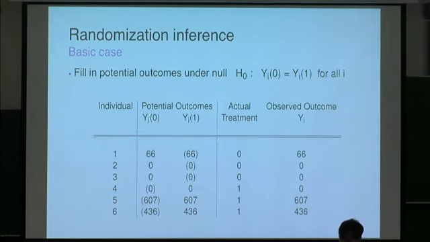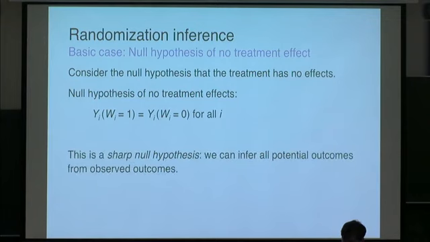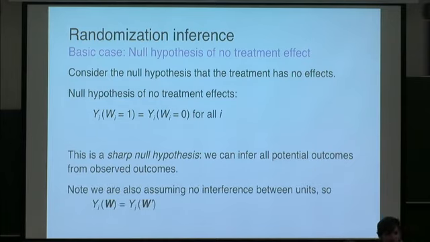So when we have a sharp null hypothesis of this kind, that the treatment has no effects whatsoever, then we can actually infer all the potential outcomes from the observed outcomes. And note that, since I've talked about this basic case without the network yet, we're assuming that there's no interference between units.